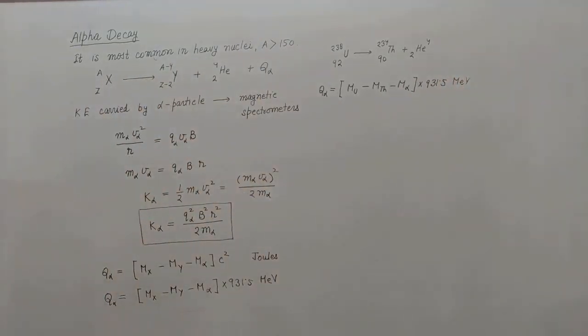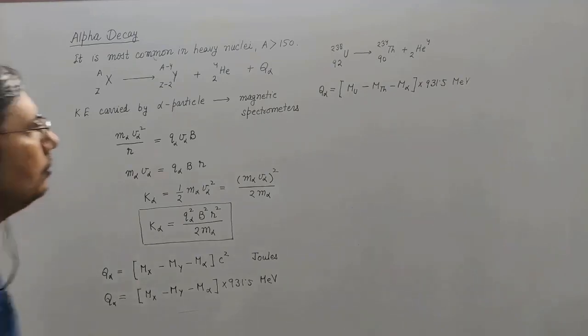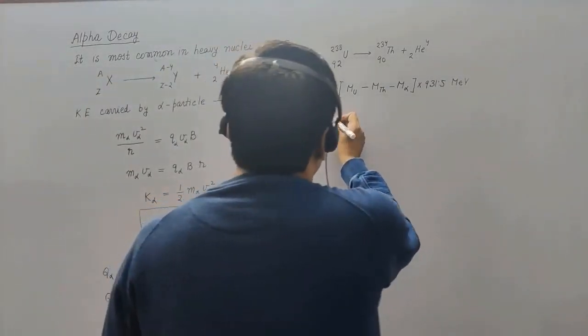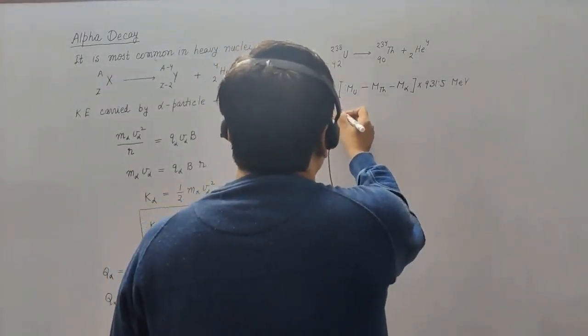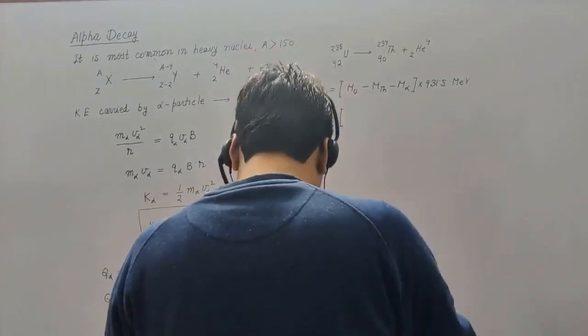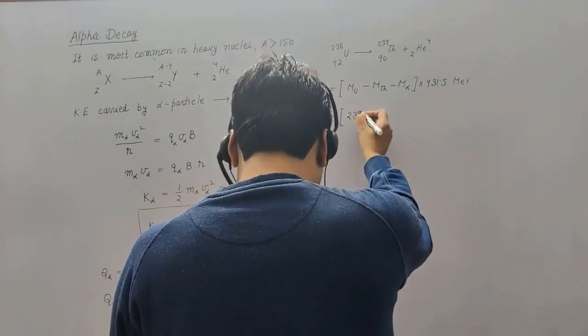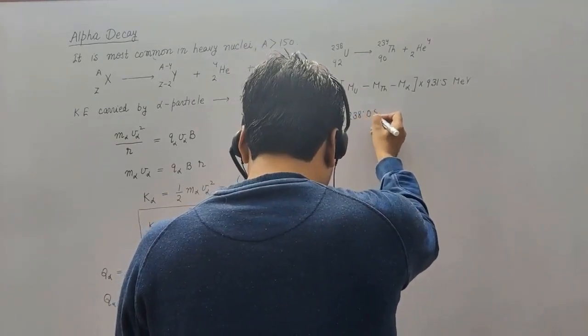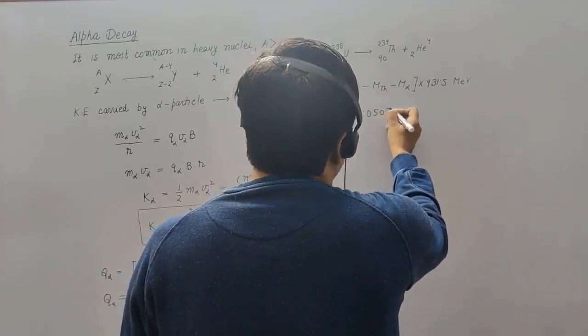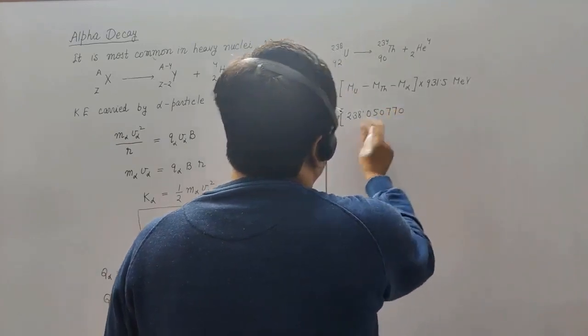Now what are the values of the masses of uranium 238, thorium 234, helium 4? If we substitute these masses here, I don't remember, but you can write the mass of uranium is 238.050770 AMU.